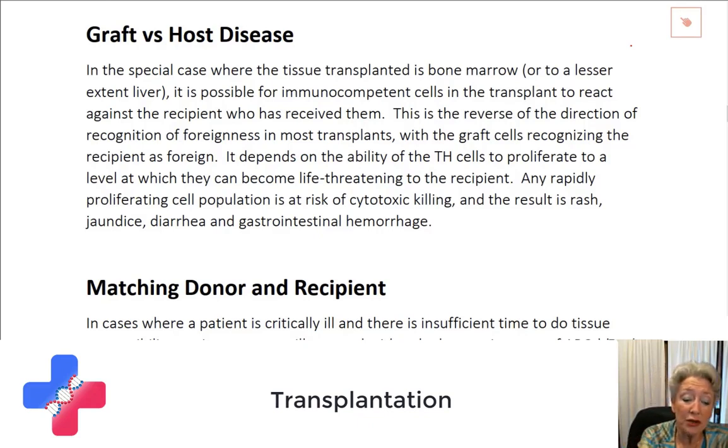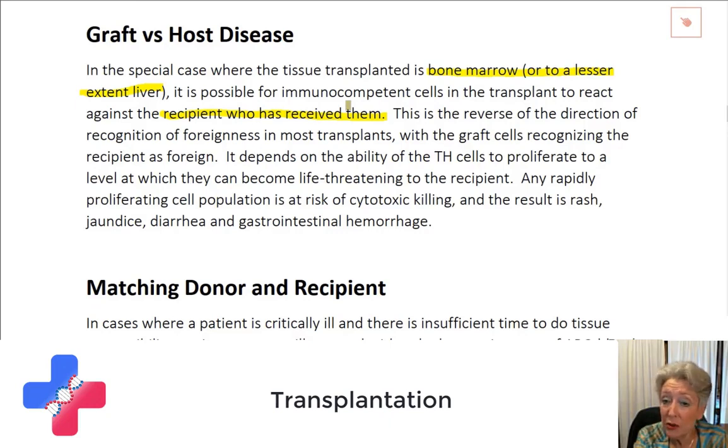But in the special case where the tissue being transplanted is bone marrow, or to a lesser extent, liver, because there are immunocompetent cells in the liver, what happens is that the cells that are immunocompetent from the engrafted tissue will react against the recipient who has received them. So it's the reverse of the recognition. Instead of recipient against graft, it's graft versus host.